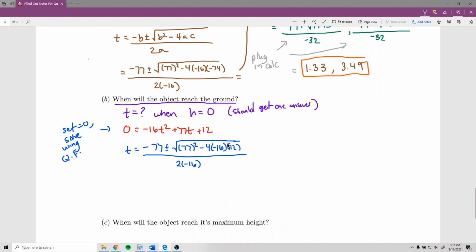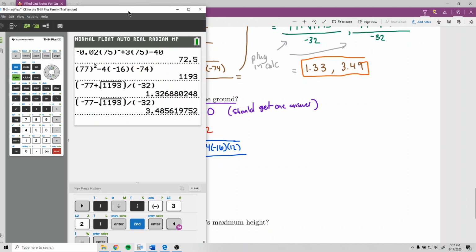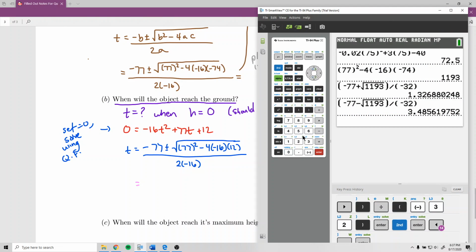Now, one thing you don't want to do: just because you used the quadratic formula up here doesn't mean you have any idea what the answer is going to be down here. You have to redo the whole thing. But we'll do the same thing as before. Simplify the inside of the square root.